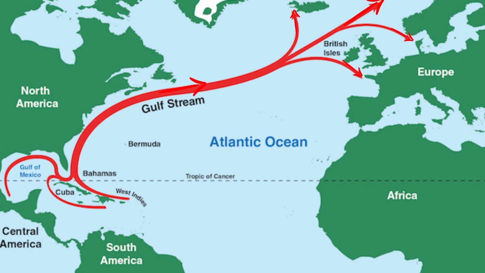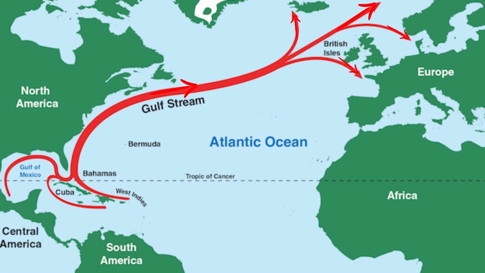Now, the Gulf Stream is a self-sustaining system as long as the necessary temperatures and salinity gradients exist. But climate change has shifted the balance. Higher temperatures make ocean waters warmer and lighter.